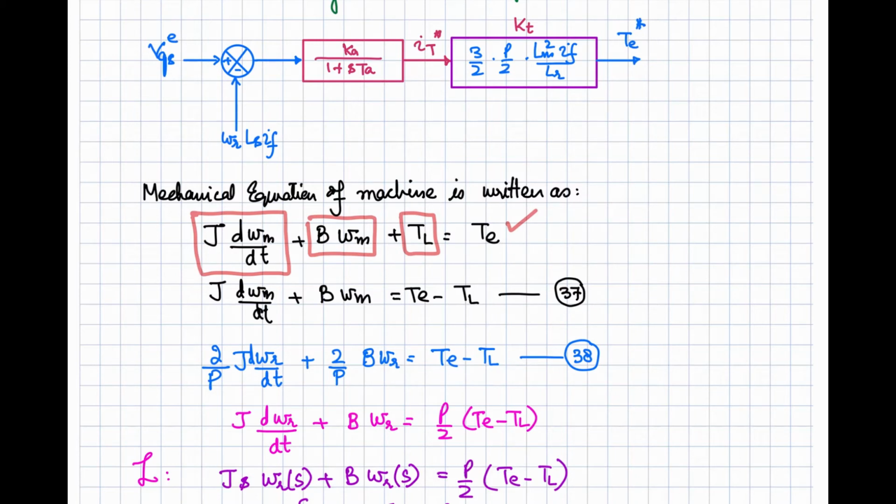So this is the torque developed by the machine that must be equal to the load torque, the frictional torque, and the torque because of the inertia. So this equation can be written like this. Let me number it equation 37.